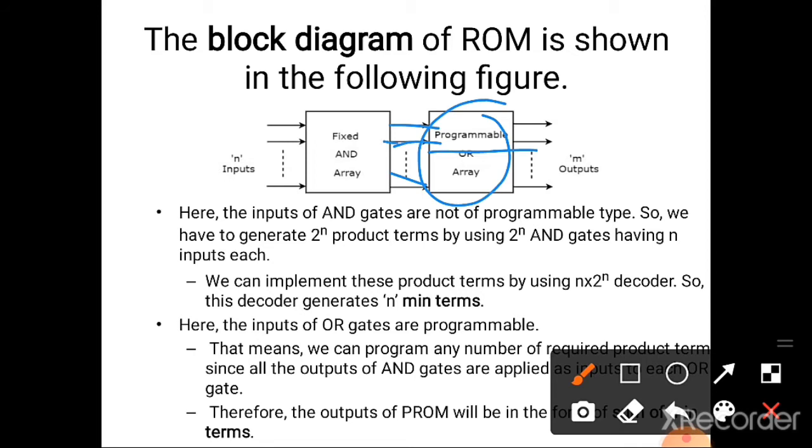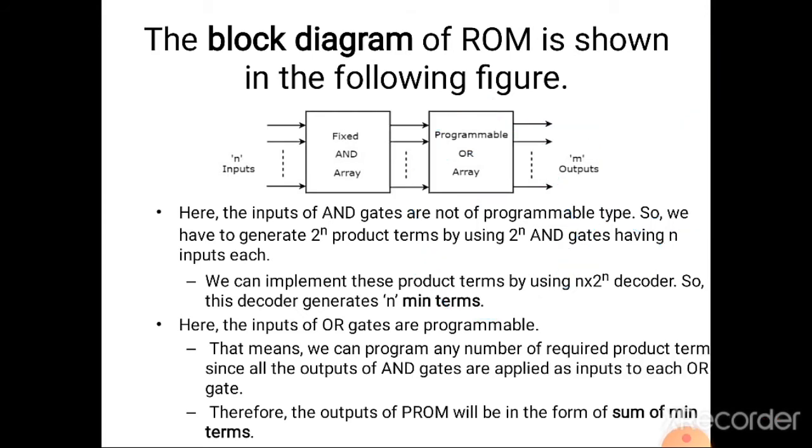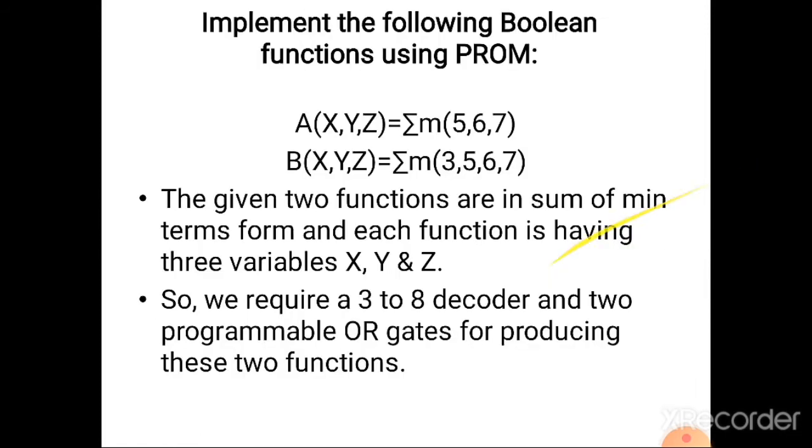So all the product terms are given to the input of the programmable OR array. The output of the PROM will be in the form of sum of minterms. There are m outputs, each in the form of sum of minterms. Minterms are the product terms from the AND gates, and the OR gate performs the sum operation on those minterms. So this is the output, sum of minterms.